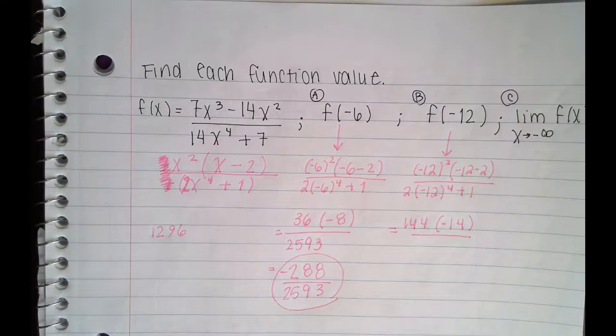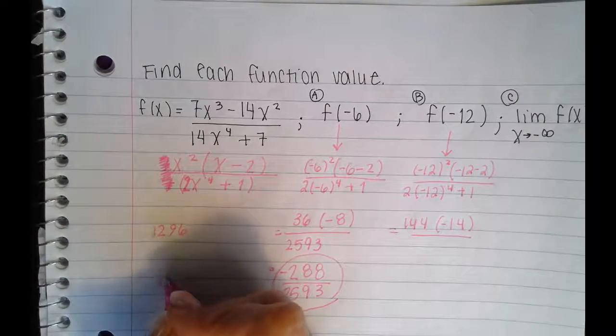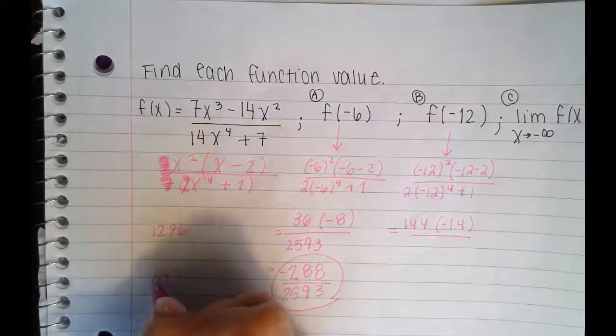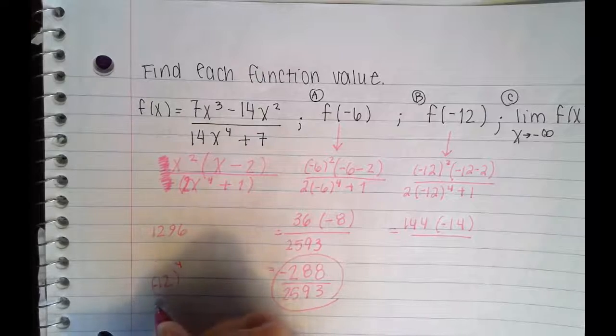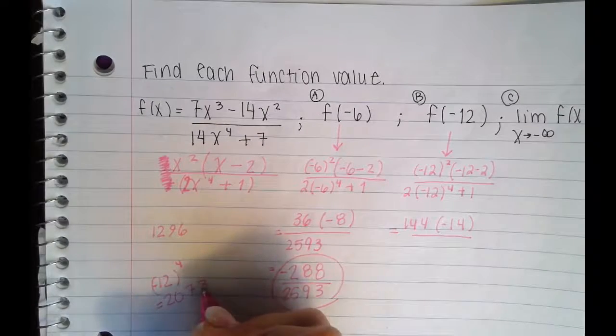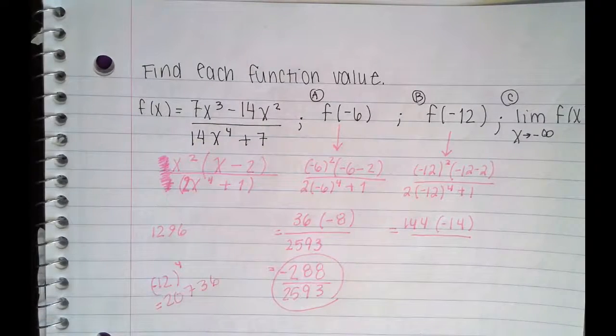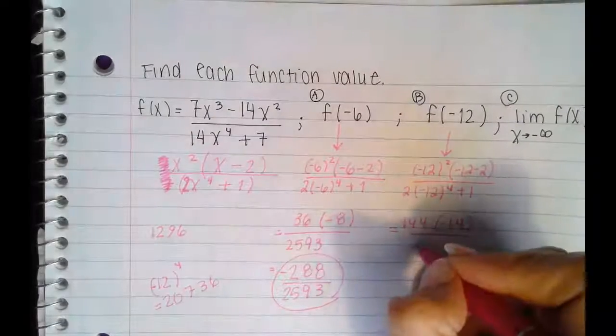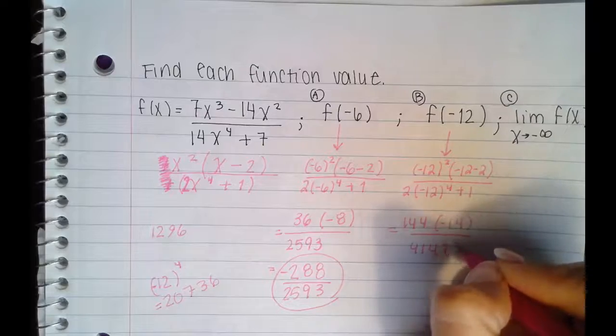Obviously a negative to an even power is going to be positive. So this number is 20736 times 2 plus 1, 41473. And then just figure out what that is.